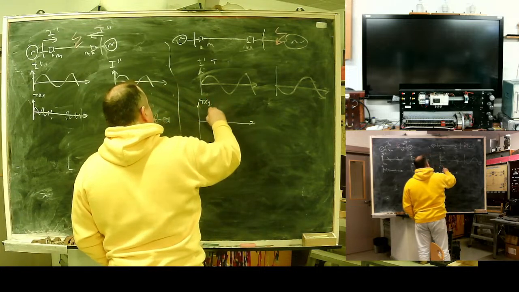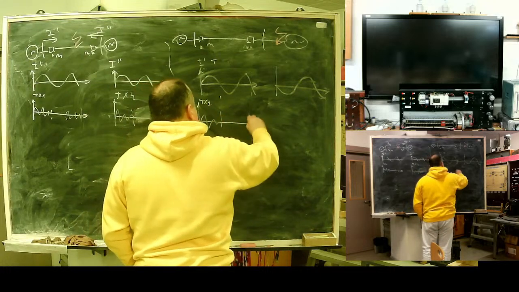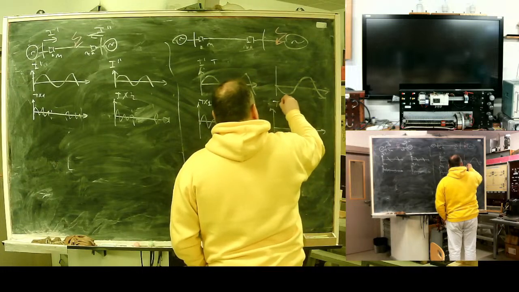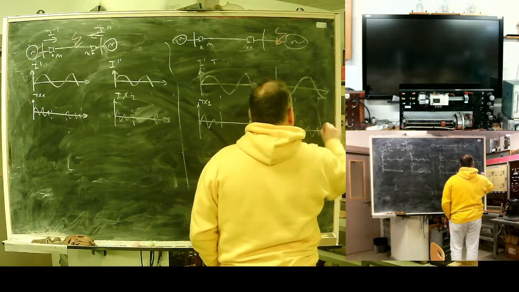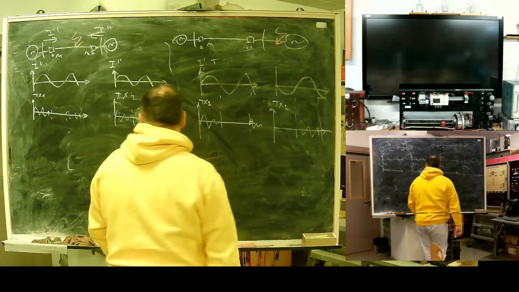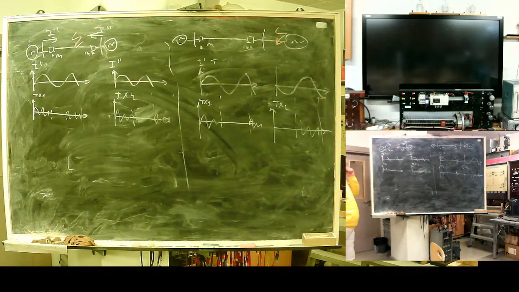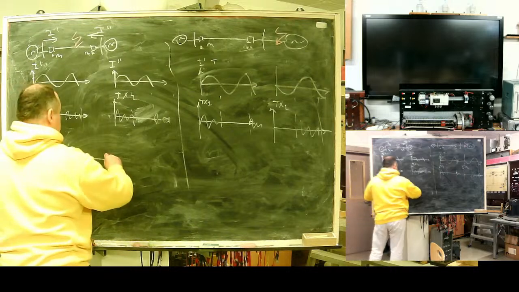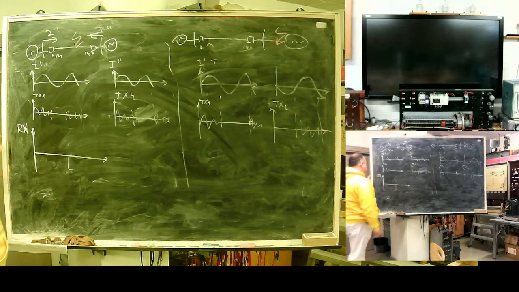Here, transmitter 1 burst. Transmitter 2 burst, silence. At the receiving end, it's an output from the receiver. Output from the receiver will be like this.